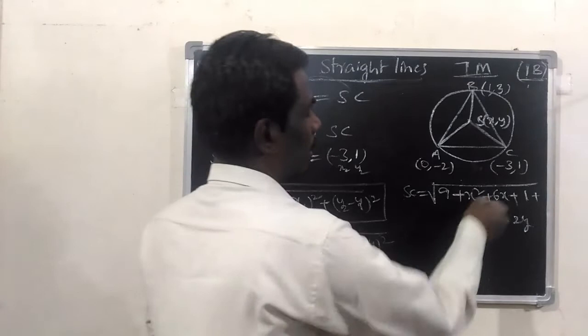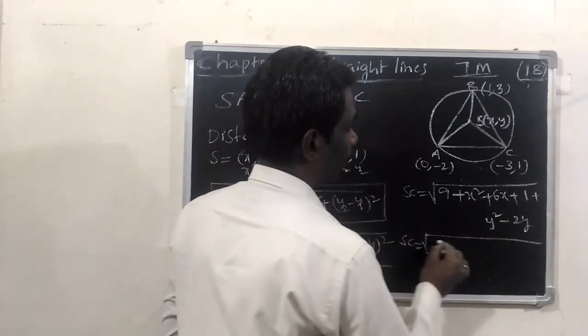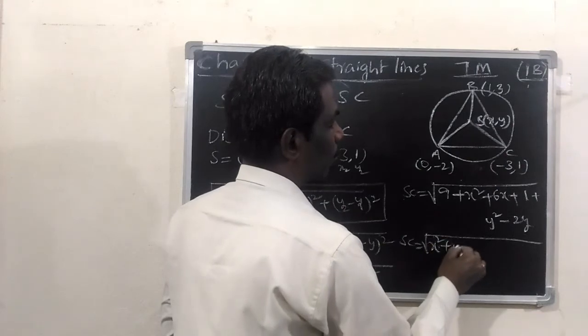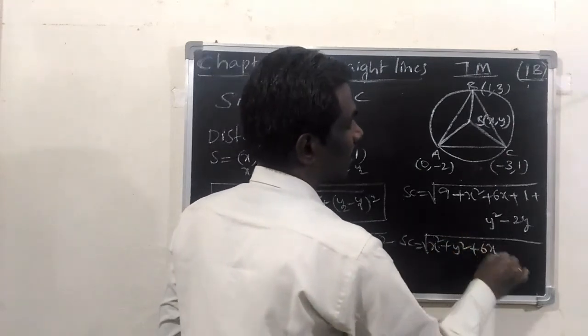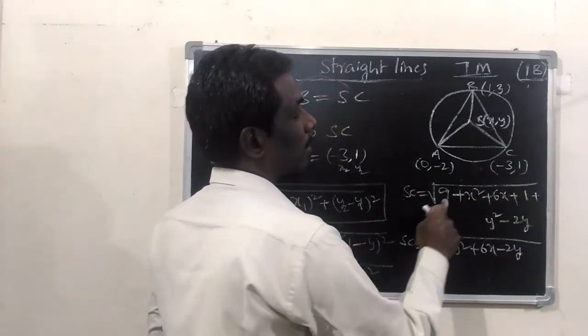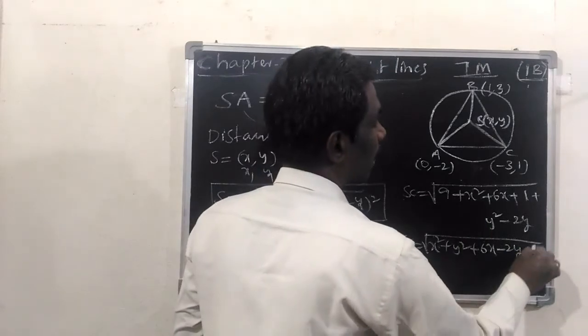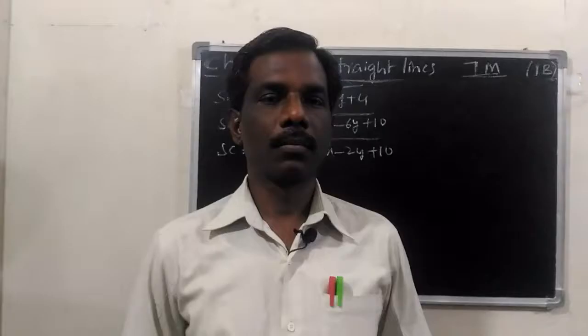And next, write in the order form. SC is equal to the square root of x square plus y square, and next x term is what? Plus 6x. Next y term is minus 2y, plus 9 plus 1 is what? Plus 10. This is the third equation.